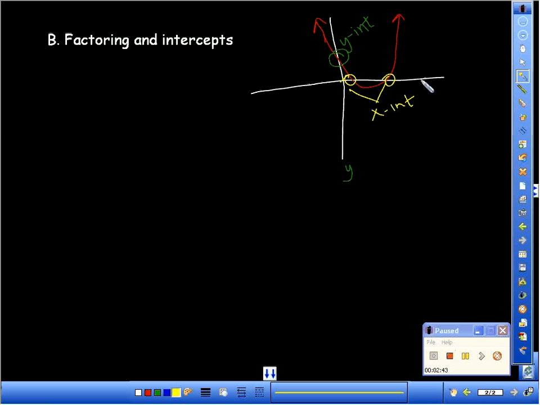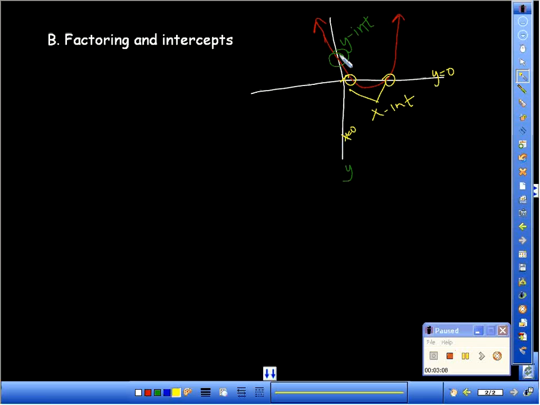Now, what are all the y values when the point is on the x-axis? 0. So y equals 0 here. And what are all the x values on the y-axis? The x values are 0 for all of those points.